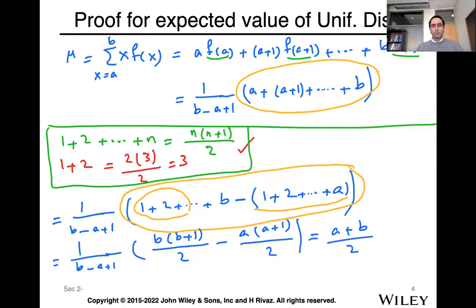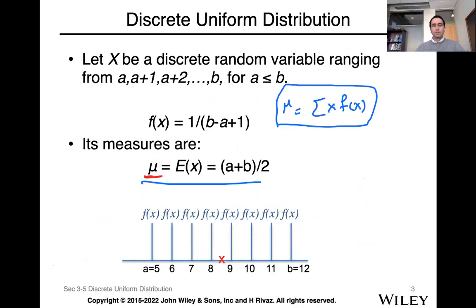I had a question about the slide, the previous slide. Sure. For f of x equals 1 over b minus a plus 1, that's if all these, like a equals 5, a equals 6, a equals 7, etc., if they all have an equal chance of occurring. That's correct, right? Yes.